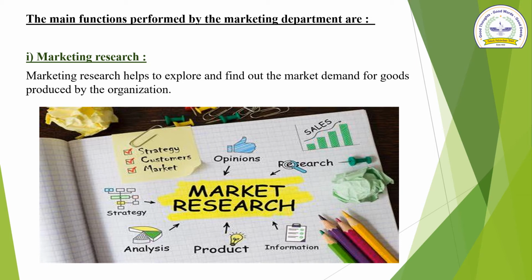Understanding the requirements of the consumers will help the organization to develop products which will be accepted and appreciated by the consumer, and which will be helpful to the consumer. So market research is to be done as the first step, and this is the first function performed by the marketing department.